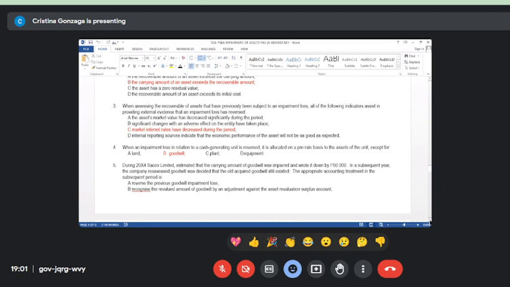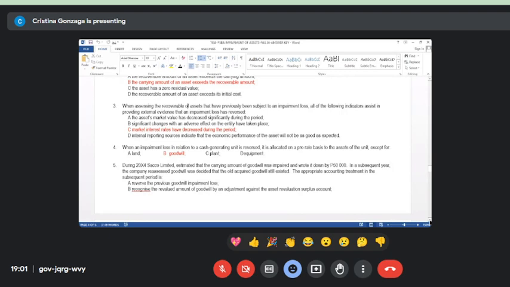Ang answer natin, letter C. Market interest rates have decreased during the period. Okay, kasi pag may direct impact ang interest rate sa value ng asset or particularly the market value of an asset. Eh dito nag-decrease ang interest rate, therefore naka-recover yung value ng asset. Okay? So answer natin is letter C.